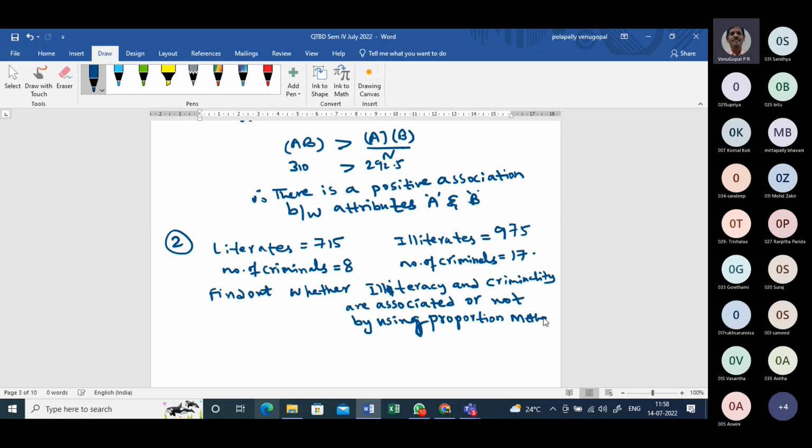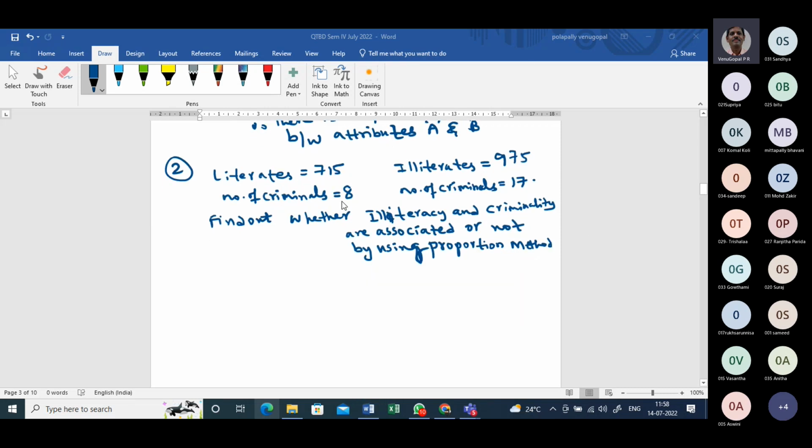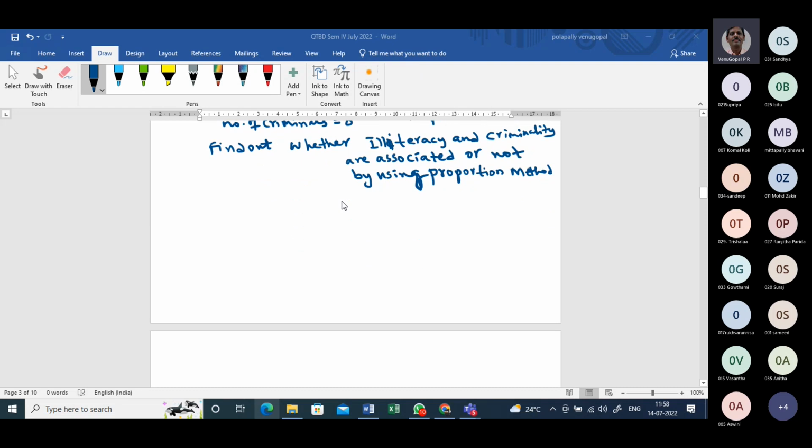So they are clearly specifying here the proportion method. Is that okay, children? Yes, sir. So let's do the solution now.